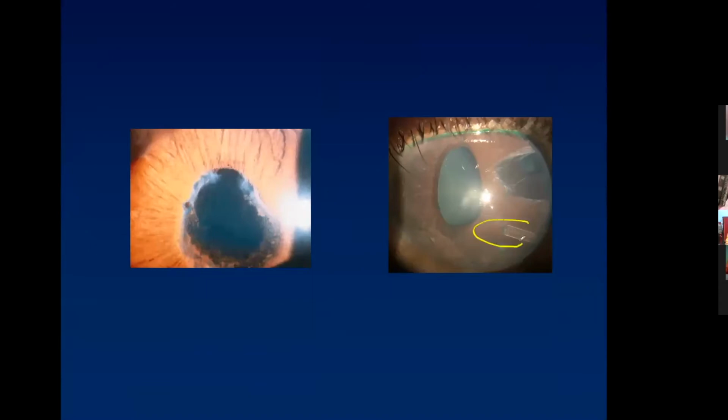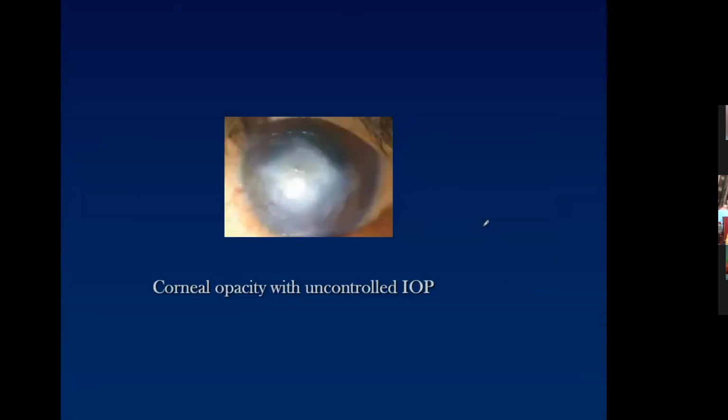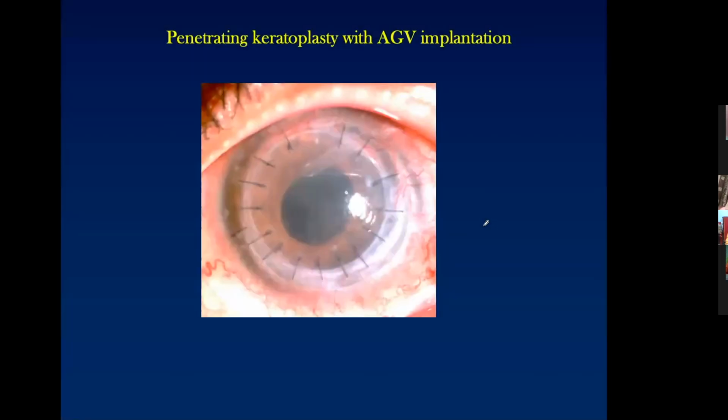You can put a tube in any portion of the eye: superior, inferior, any quadrant. Also consider cases of corneal opacity with uncontrolled intraocular pressure. For example, a patient who had a fungal corneal ulcer or other corneal ulcer, or even trauma-induced corneal opacity, who also developed trauma-induced secondary glaucoma with uncontrolled IOP.